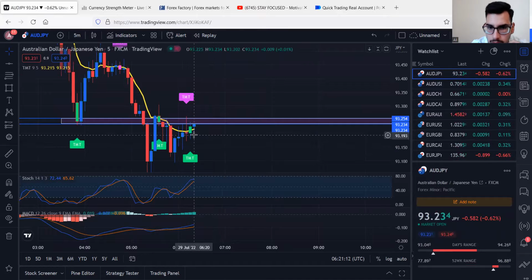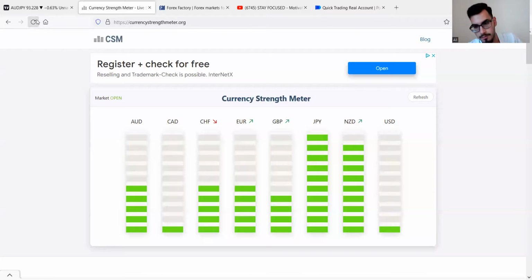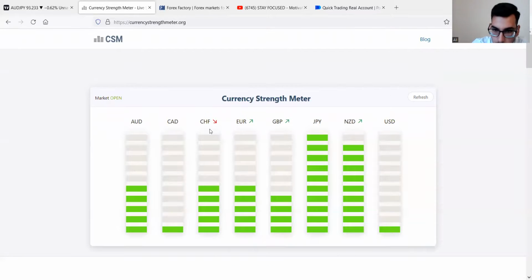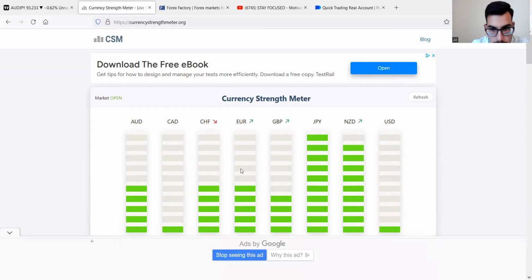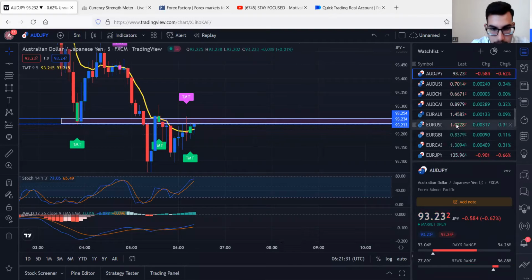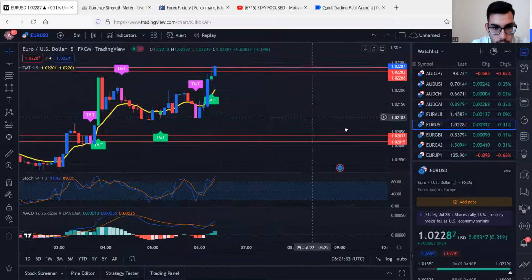But it seems to be blue now. Well, let's see. Now let's look at another currency pair. We looked at AUD JPY, Euro JPY. Let's look at a different pair instead of JPY. Let's look at Euro USD. The market is bullish. Wow.